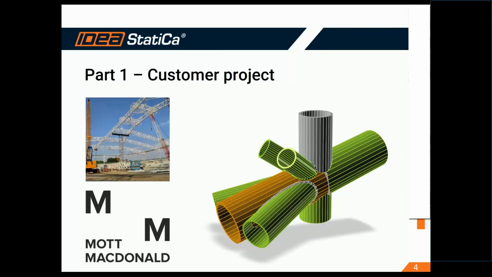So before we start, let's make a small overview of what we're going to show you today. In the first part, we have a customer example, and today this customer is Mott MacDonald. Mott MacDonald is a company that doesn't need a lot of introductions.